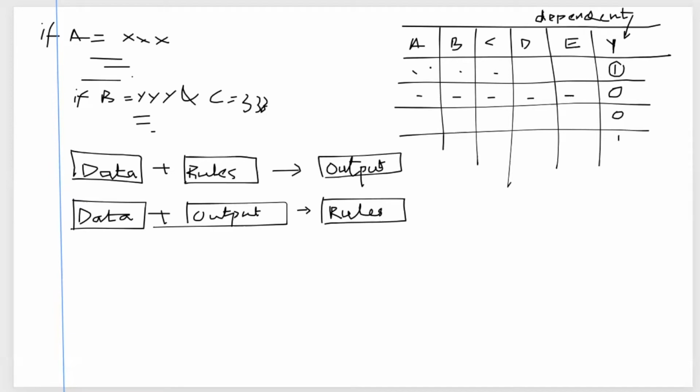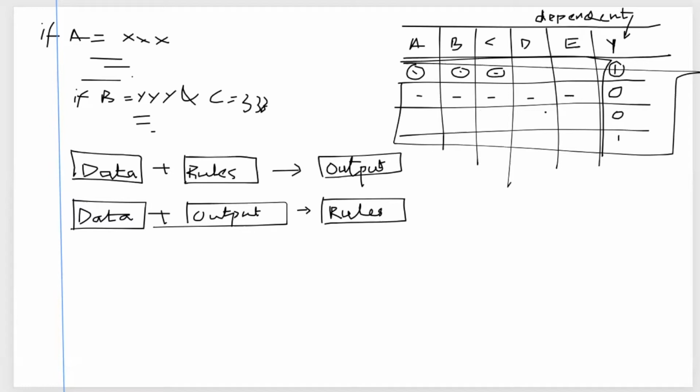Now from each file, we will extract certain variables which the file contains. Those variables will be part of the features, that is A, B, C, D, E, and maybe we'll have many more, maybe hundreds of them, right? So all of this is also known to us. This entire thing is our data, and this is the output, which is also known to us.